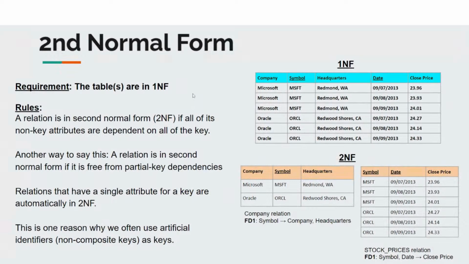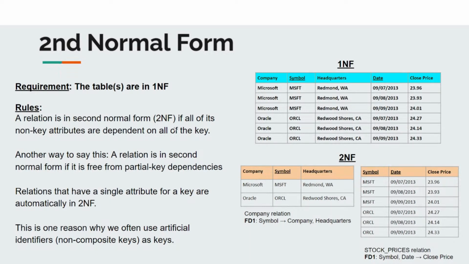All right. So second normal form, the base requirement is that the table is already in first normal form. This is what we saw. So the relationship is in second normal form if all of its non-key attributes are dependent on all of the key.